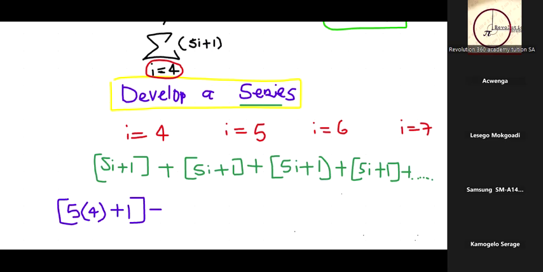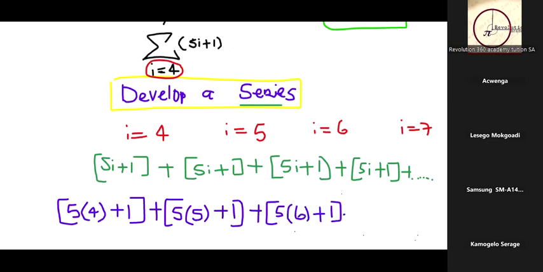Then open bracket. What am I going to substitute? Now I'm going to substitute i equals 5, so that would be 5. Then you say plus 1. Continue. You say plus, you put 5, and now my i is 6. I'm going to substitute 6 where there is i, and you say plus 1. Lastly, I'm going to say plus.